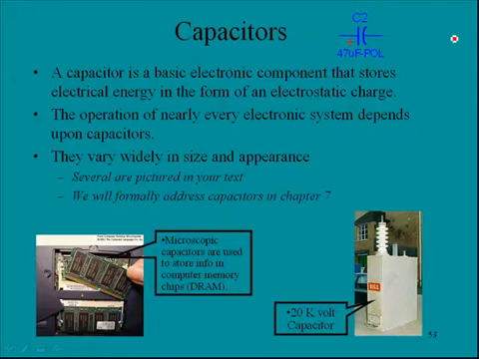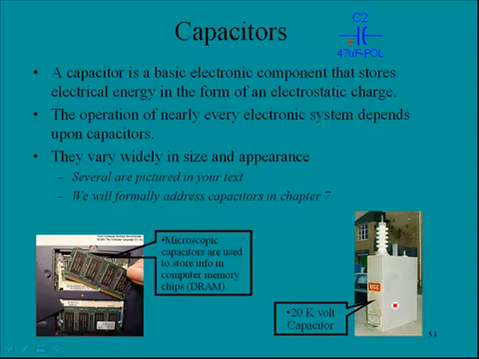The operation of nearly every electronic system depends upon capacitors, and they vary widely in their size and appearance. In your textbook there are several pictures of capacitors that you commonly see, and I have put a couple of examples here that bring out the idea that they vary widely in size and appearance.